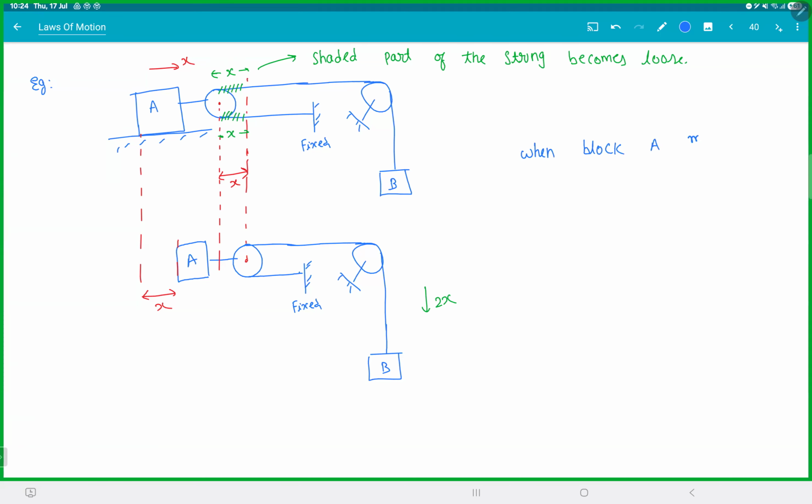So when block A moves forward, the pulley connected also goes forward by X. And we observe the shaded part becomes loose.